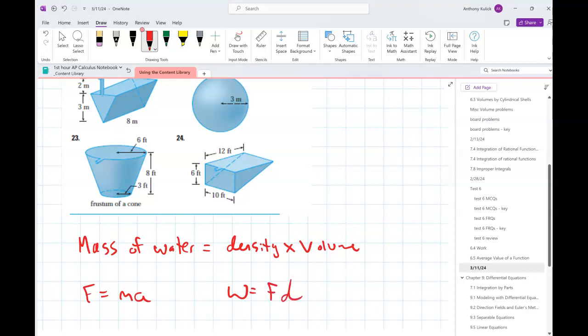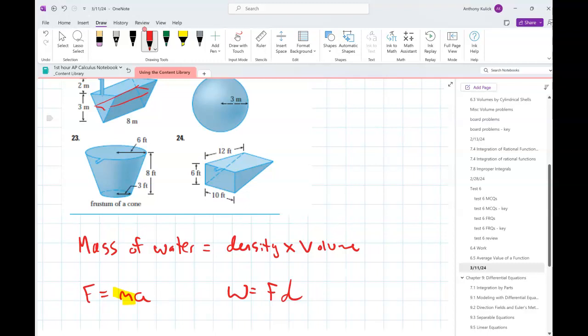Okay. Thank you. So first thing I want to do is try to isolate the mass because I know that's what's going to go in there. So the volume for this water, when the water's at a given height and I take the cross section, it's going to be like a rectangle.